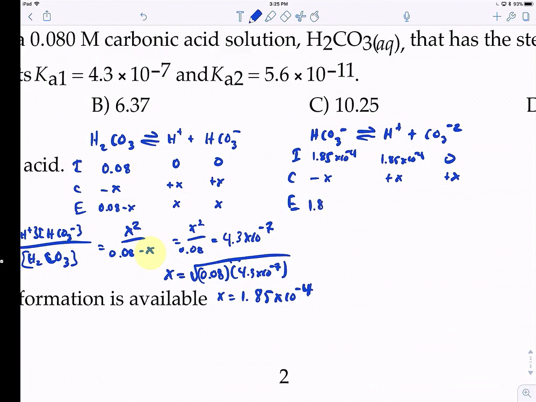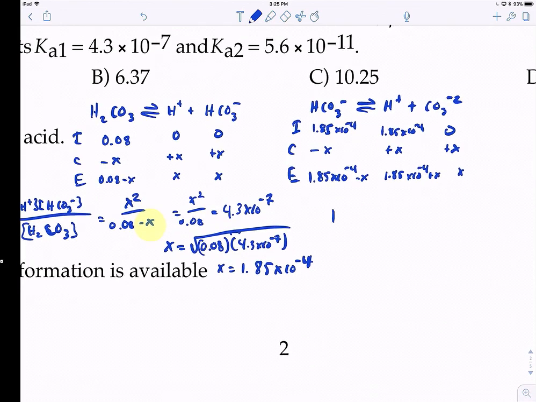So you have 1.85 times 10 to the minus 4 minus x, 1.85 times 10 to the minus 4 plus x, and x. And Ka2 is going to be hydrogen ion times carbonate, all over HCO3 minus, equals 5.6 times 10 to the minus 11.